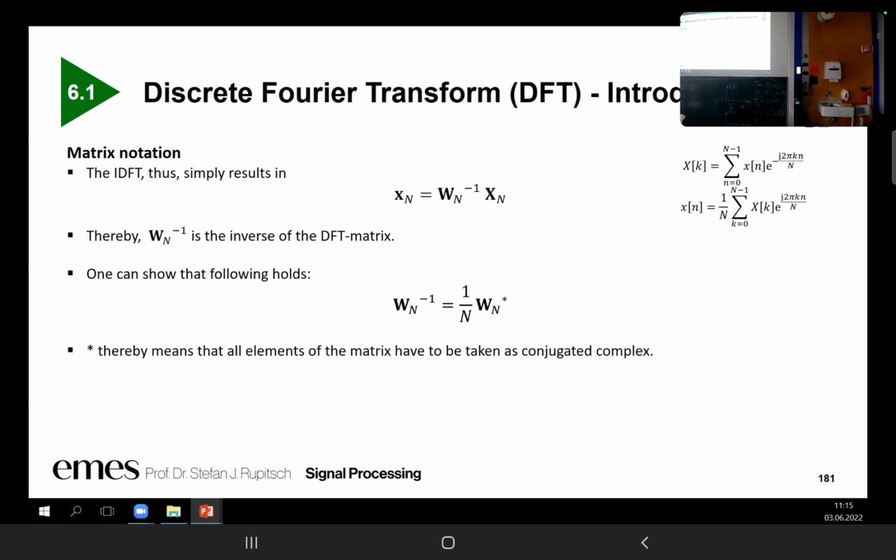This procedure with the matrix vector multiplication, it's very important that you are able to write this down and avoid mistakes during the calculations. But MATLAB, if you calculate the discrete Fourier transform, will use exactly this procedure. We only evaluate the multiplication of the matrix containing the rotation phasors with the vectors.